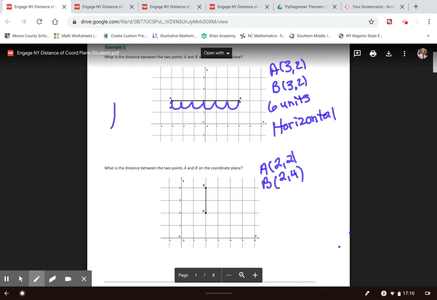And I'm trying to find the distance between both of those. So I do the same thing: I start at A and I count the units in between. So 1, 2. So that is going to be 2 units. And this is vertical.